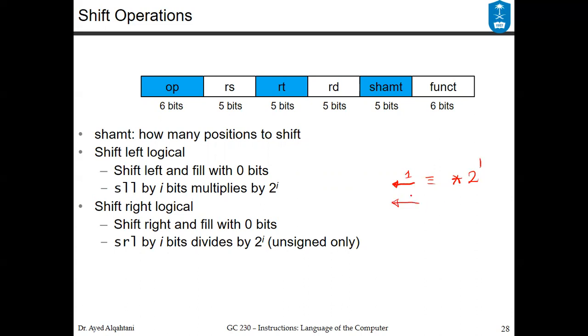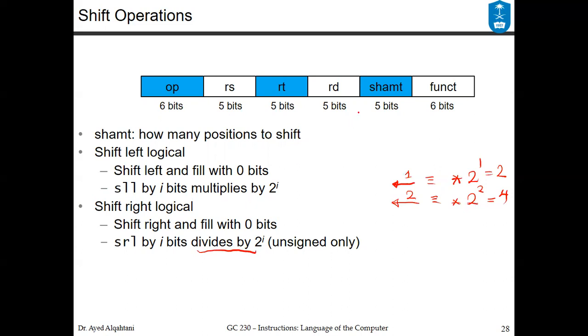Shifting to the left by 2 bits is equivalent to multiplying by 2 to the power 2, which means this is multiplying by 2, and this one multiplying by 4. So if you want to multiply by the constant 4, shift the amount to the left by 2. Now, shifting to the right, you divide by 2 to the power of i.